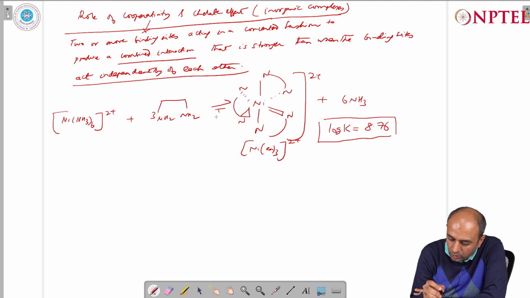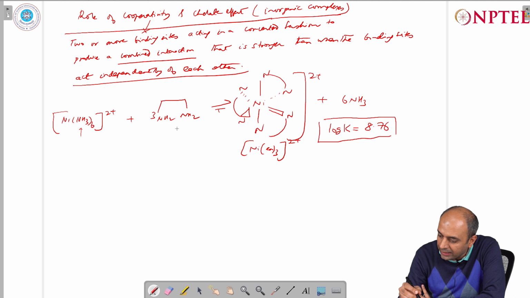Now, in this case you will see that the ammonia molecules are coordinated with nickel, and these ammonia molecules can exchange with the ammonia molecules which are present in the bulk. So you can have exchange of ammonia molecules, and you can also have dissociation of ammonia and then again association.